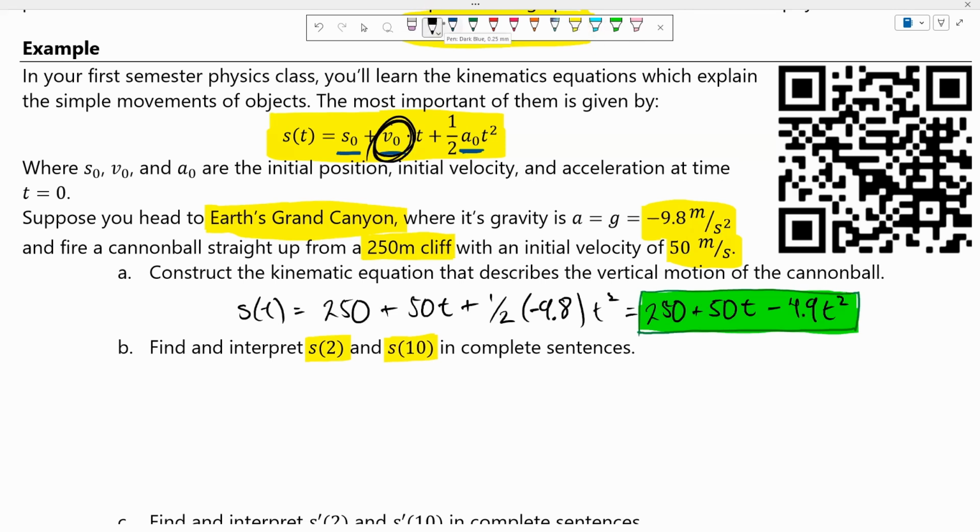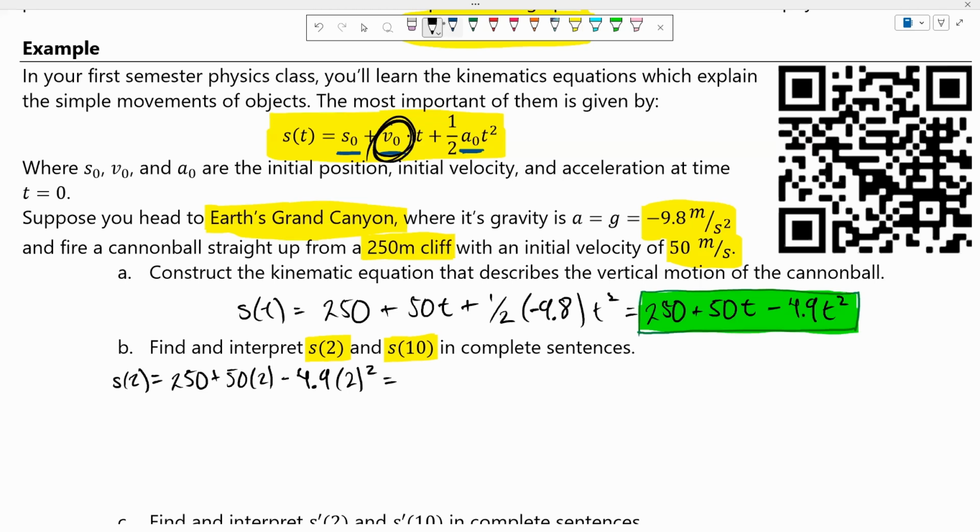Okay? So S of 2 is going to be me grabbing 2 and plugging it into my position equation. So that's going to be 250, oh, no parentheses, plus 50 times 2 minus 4.9 times 2 squared.